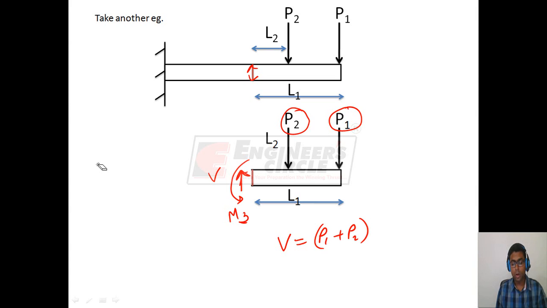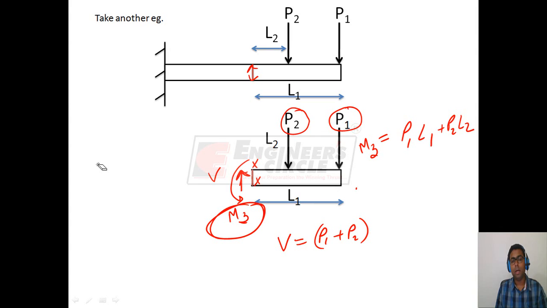Similarly, the moment of P1 on section XX is P1 into L1, and the moment of P2 is P2 into L2. Therefore, the internal bending moment MZ on the cross section XX must be equal in magnitude to P1 L1 plus P2 L2, but its direction must be opposite to that of external moments P1 L1 and P2 L2.